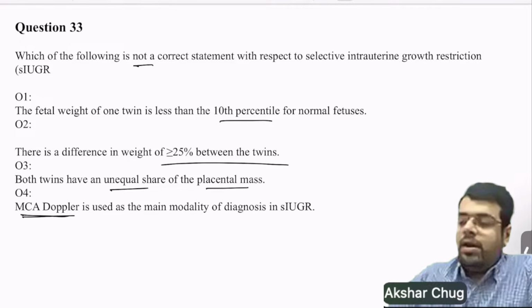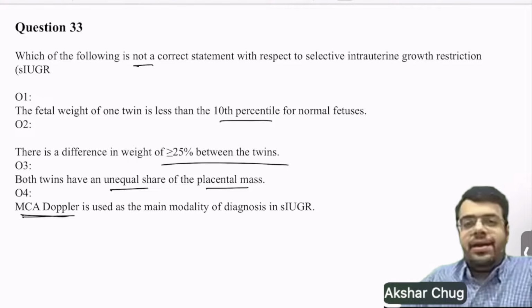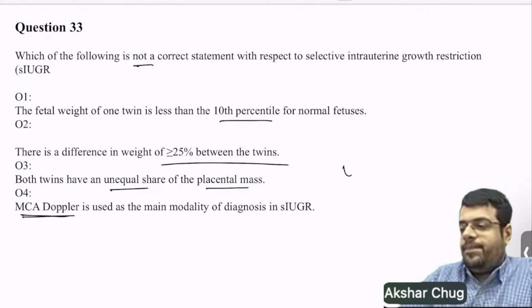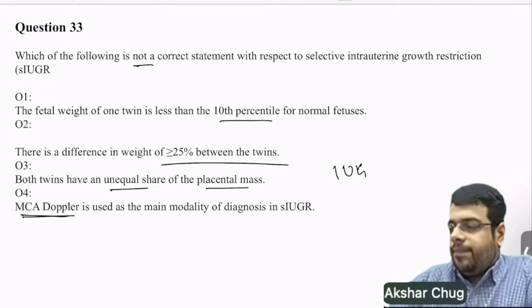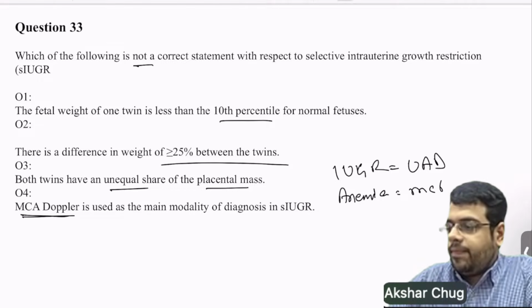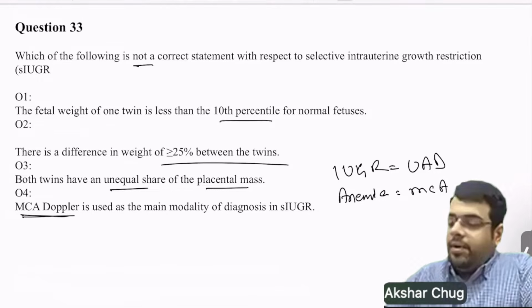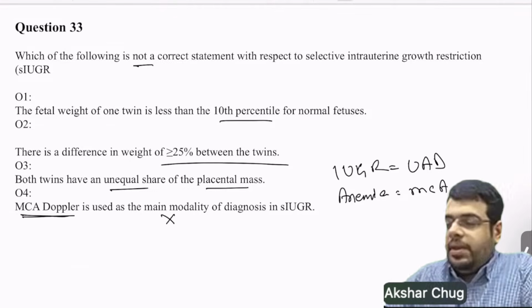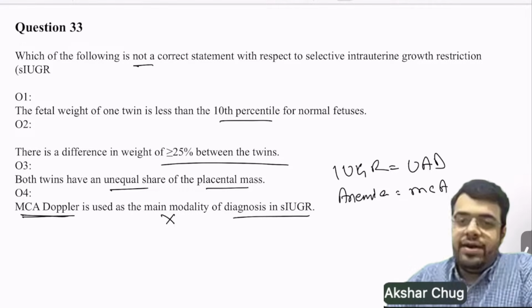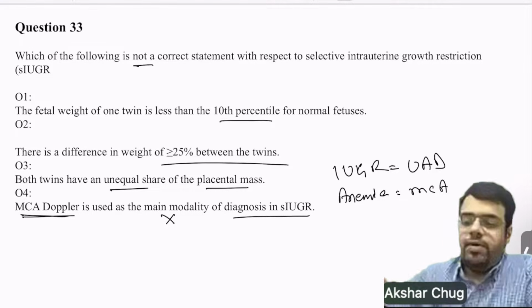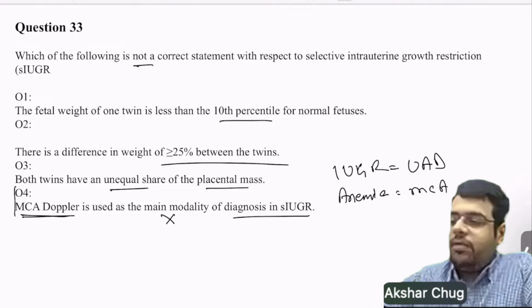And umbilical artery Doppler is used in IUGR. Right. So MCA Doppler should not be used in diagnosis of IUGR. So with the existing knowledge, you are able to arrive at this answer, even though you are unaware of these three options.